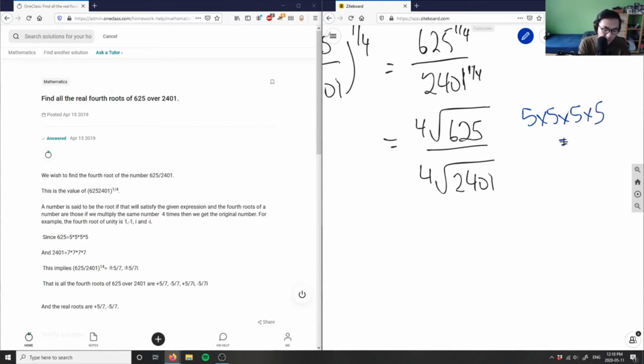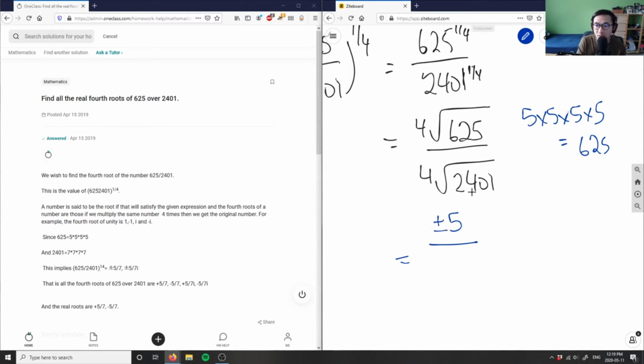Let's check. 5 times 5 is 25, times 5 would be 125, times another 5 would be indeed 625. So I know that the numerator here is going to equal 5, and this here is plus or minus 5, right? Because if I'm taking the root here, I should get plus or minus 5.